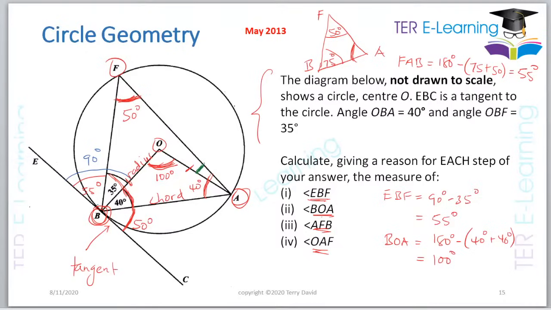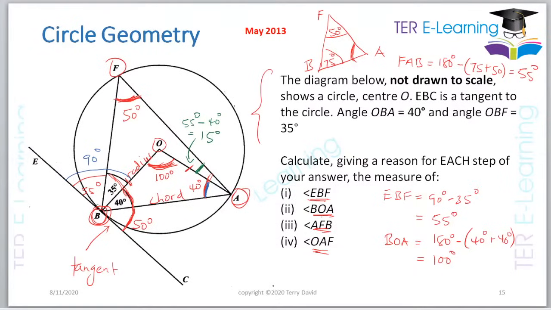But this little piece here is 40 degrees. So if you know the whole angle is 55 and that little piece here is 40, I can work out this piece here, which is what they're asking us, this green piece here. That green piece here is actually 55 minus 40 degrees, which will give me 15 degrees. So the answer is 15 degrees, right? So OAF is 15 degrees.